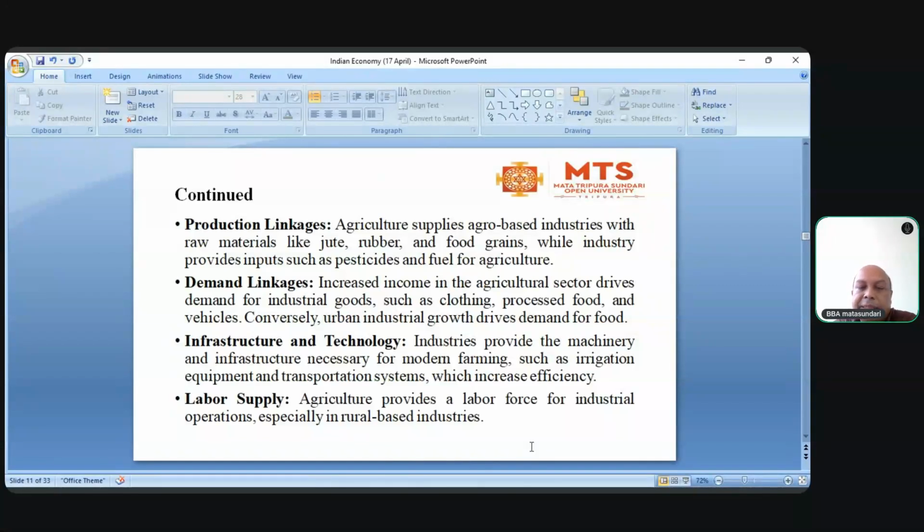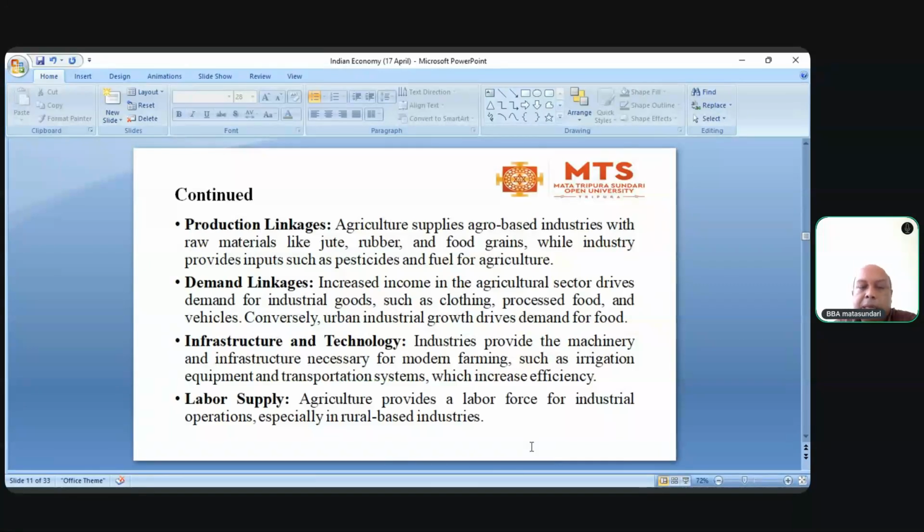In the agricultural sector, the income level or per capita income of farmers is low, and many times it has been found that excess workers in the agriculture sector move from the agricultural sector to the industrial sector in expectation of higher income, for better livelihood, for a better standard of living.